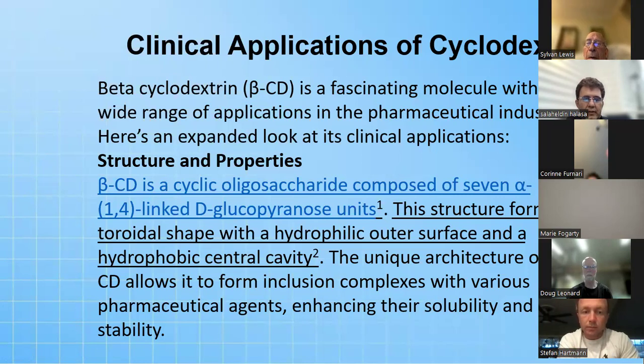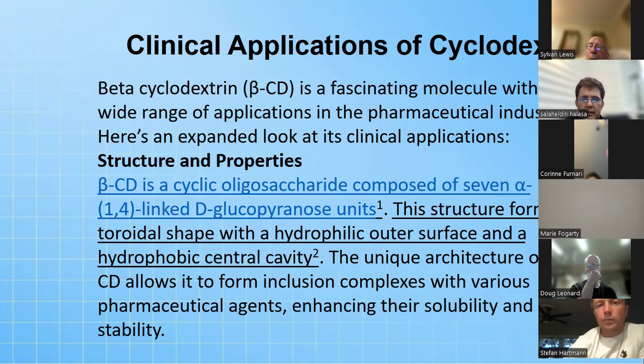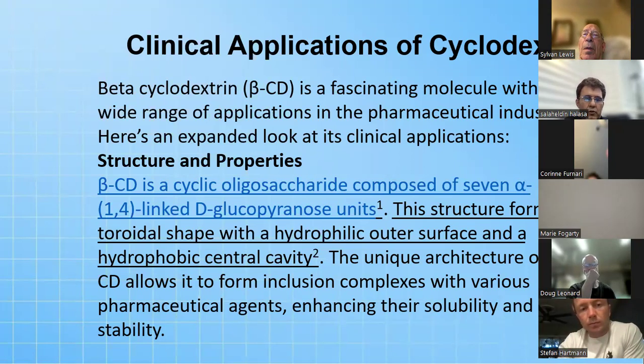But let's go and understand the chemistry behind beta-cyclodextrin. It's a cyclic oligosaccharide. So basically, it's a polymer of sugar composed of alpha-1,4 linked D-glucopyranose units. This structure forms a toroidal shape with a hydrophilic outer surface and a hydrophobic center cavity. So basically, outside is hydrophilic and inside is hydrophobic.